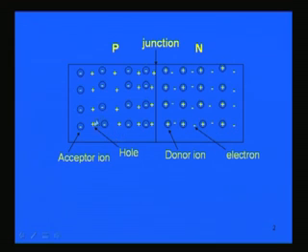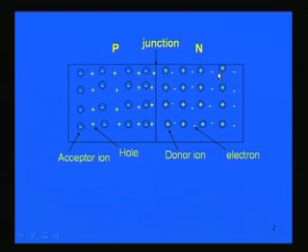So, if we consider this p-type and n-type semiconductor making a junction between them, then here we can notice that the p-type semiconductor has the acceptor ions as well as the carriers which are holes, positively charged carriers, and n-type semiconductor has donor ions and electrons.